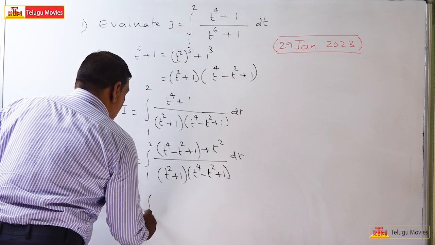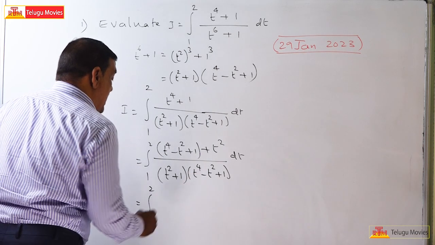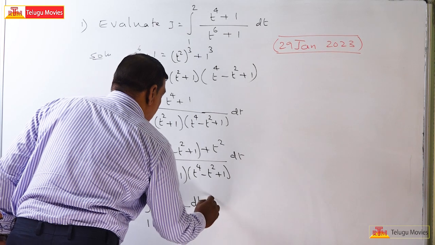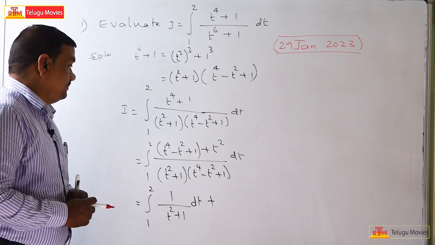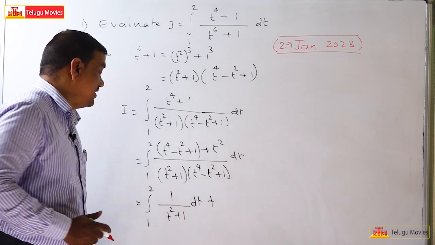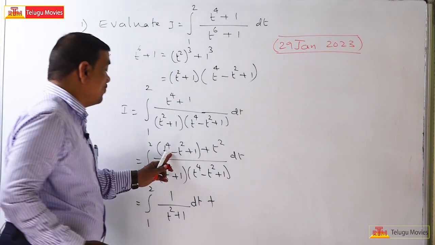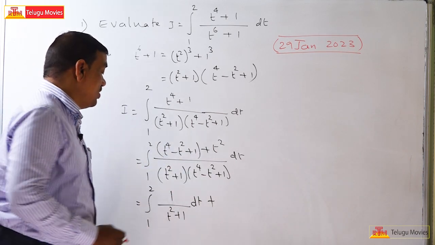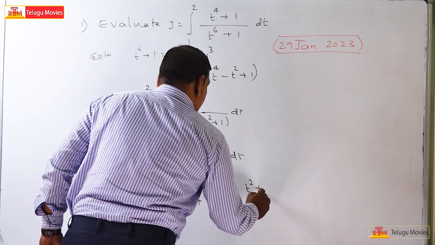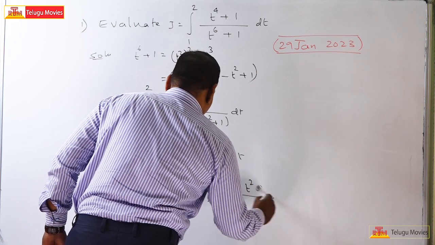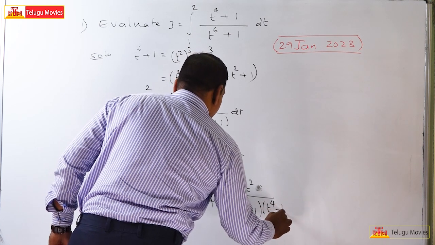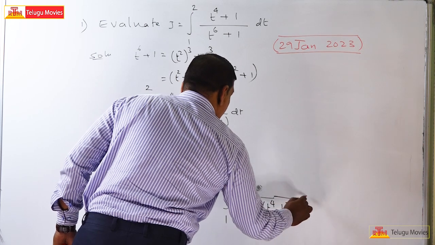So this is equal to the integral from 1 to 2 of 1 by (t square plus 1) dt, because t power 4 minus t square plus 1 cancels in the denominator, plus the integral from 1 to 2 of t square by (t square plus 1) into (t to the power of 4 minus t square plus 1) dt.